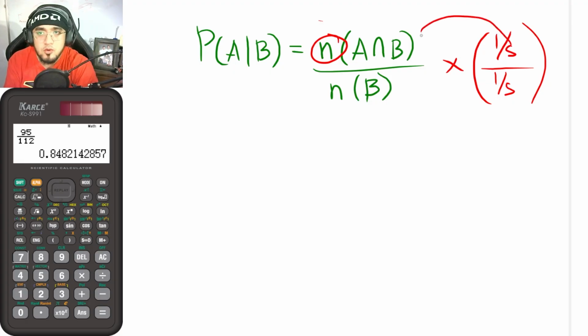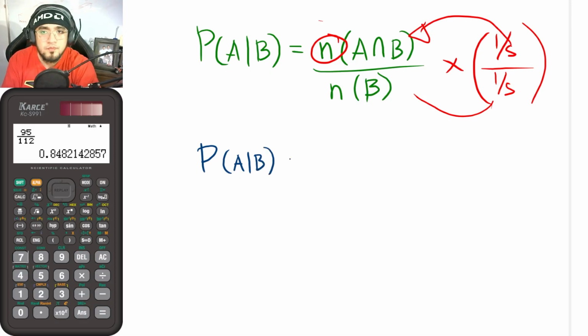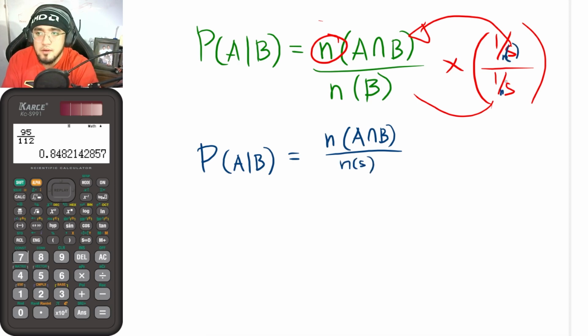But if I am now to multiply these values to our green equation here, our new equation would now be the number of the intersection of A and B divided by the number of S. By the way, I am referring to the number of S here.